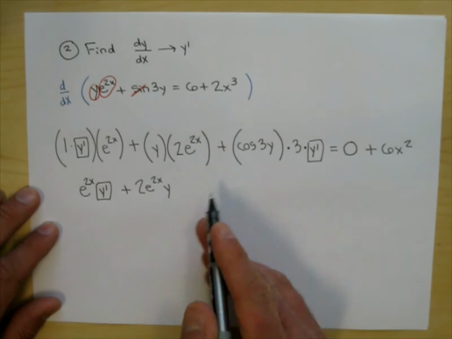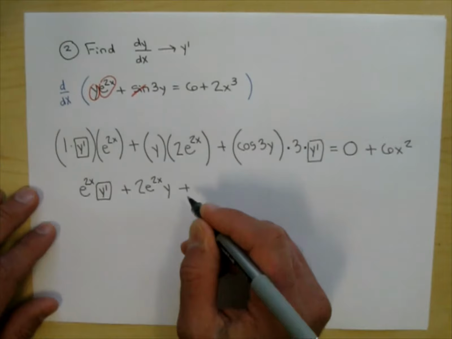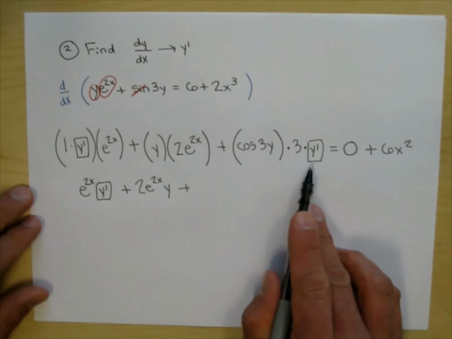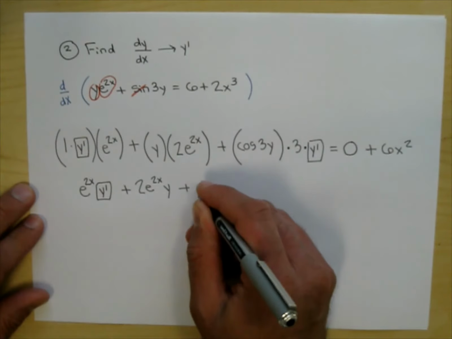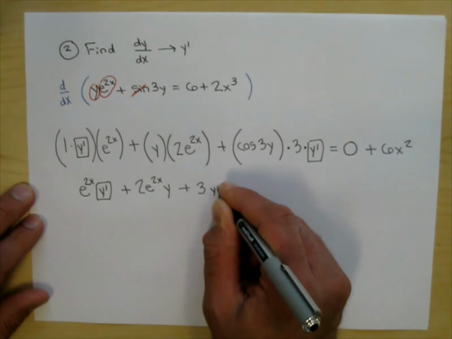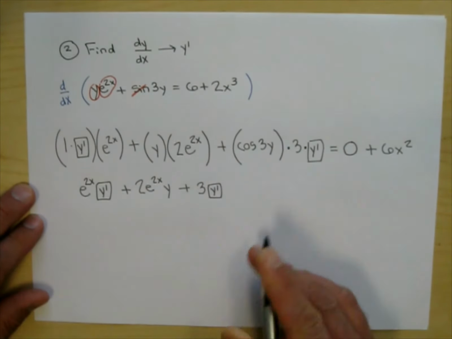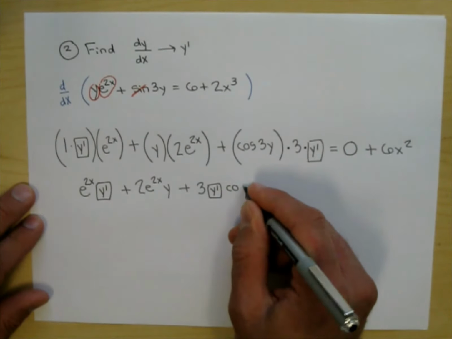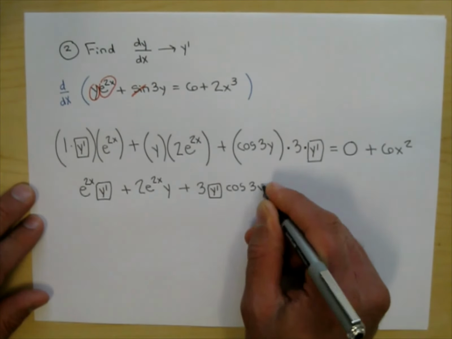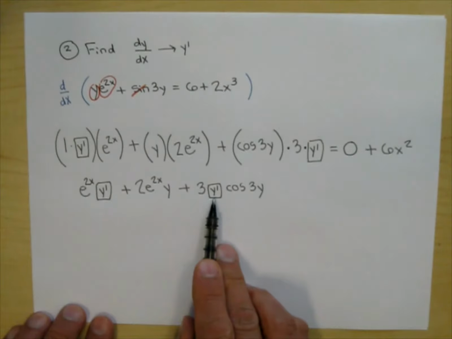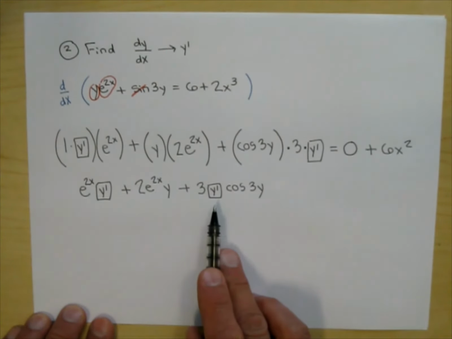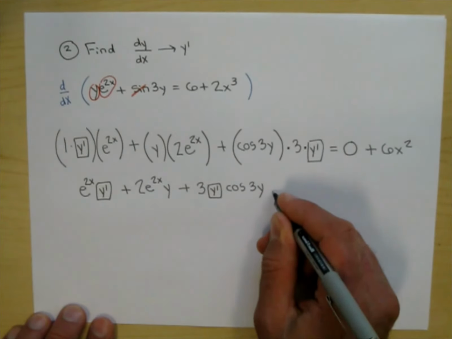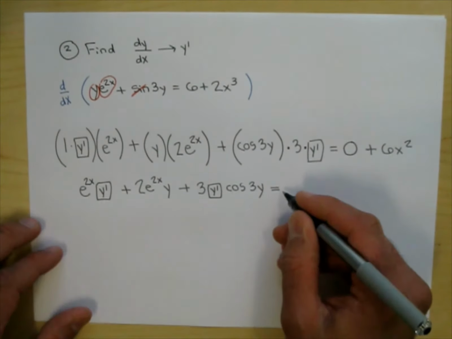And we have plus, I'm going to throw both of those in front of the cosine 3y, so this is 3y prime cosine 3y. Let me just emphasize again that it's just a matter of style, me putting boxes around those y primes. It's so I don't lose them. This equals 6x squared.